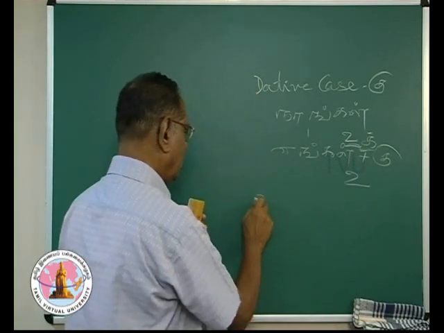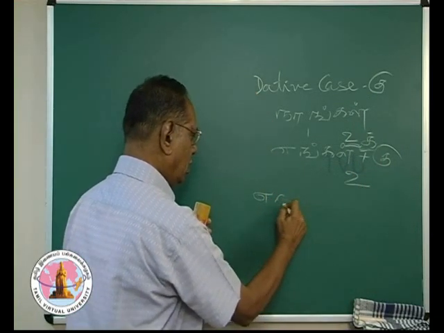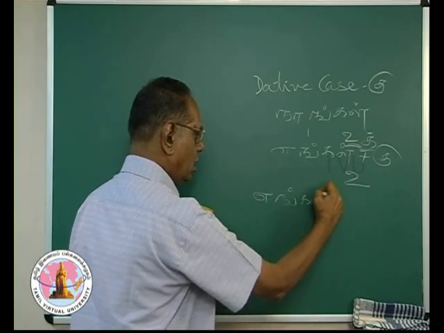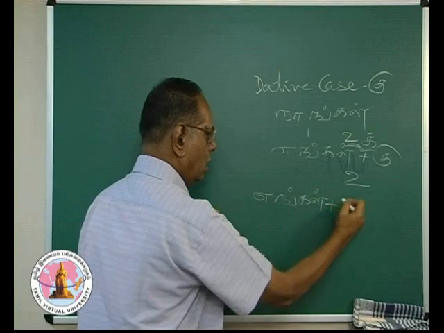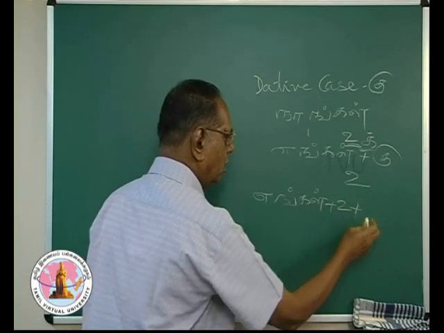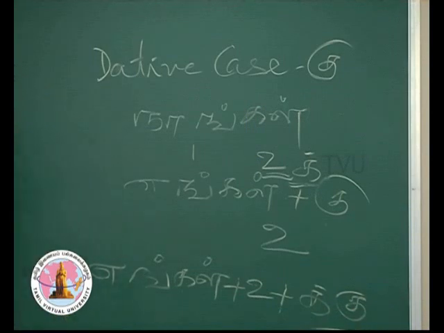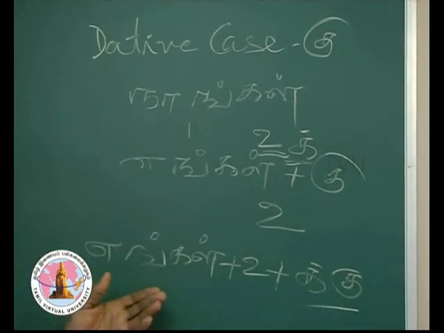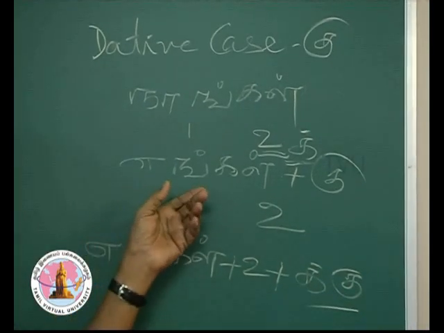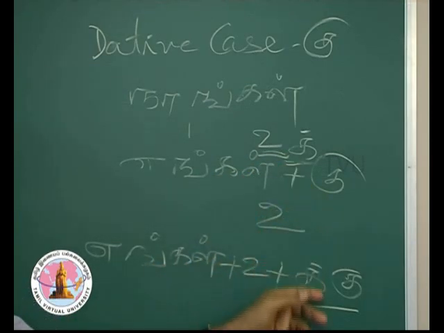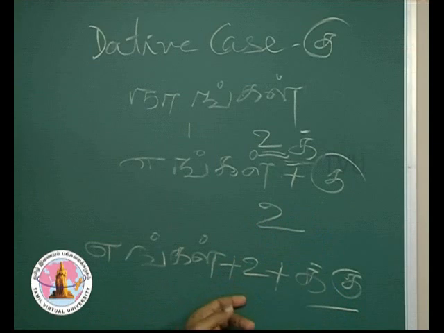It becomes yangalukku. Yangal plus ku, the consonant was doubled, so ikku, a vowel has been introduced, that is u.